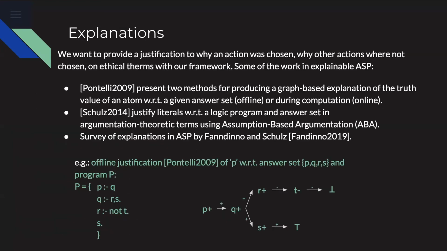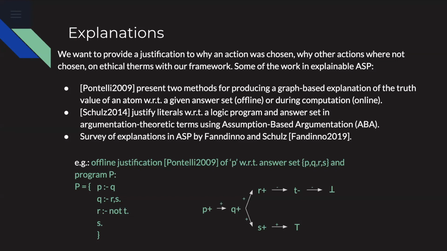So yes, basically, in order to provide explanations, which is our main goal, we can do so by using an ASP approach for normative ethics, because as we have seen in previous literature, there are many works that enable providing justifications for particular literals. In our case, we are interested in providing a justification of why certain actions were chosen ethically and why other actions were not chosen on ethical terms.